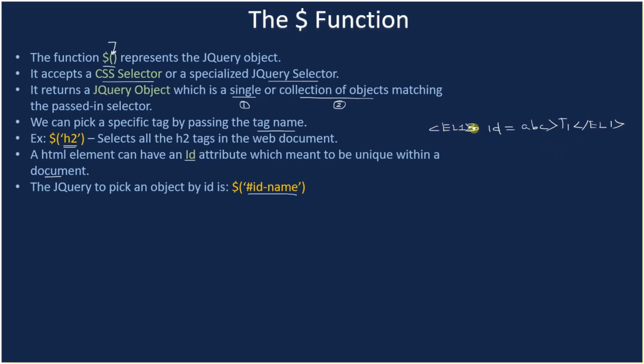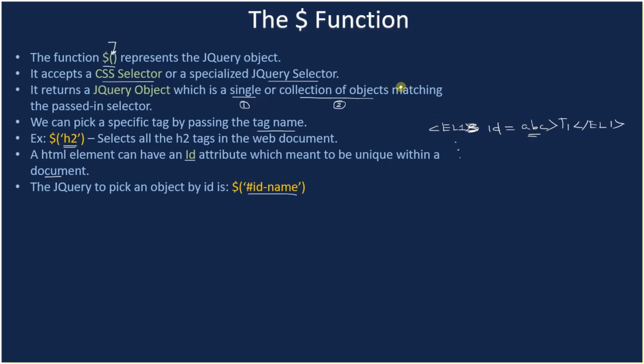Right? So element 1 with ID equal to ABC, and element 1 is ending. So likewise, there may be multiple elements, and if you want to pick this specific element, you can use $('#ABC').